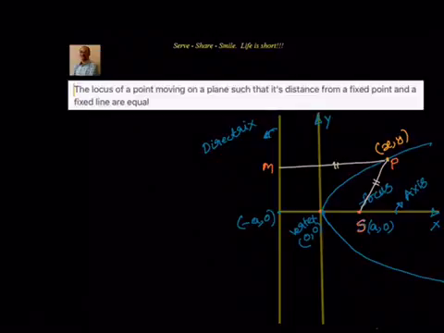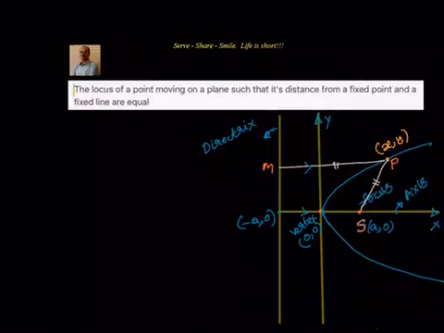Now what are the coordinates of M? What can we say about the coordinates of M? PM is a line parallel to the x-axis. That means any line parallel to the x-axis will have the equation y equal to k. And we know that this is a vertical line through minus a comma 0.